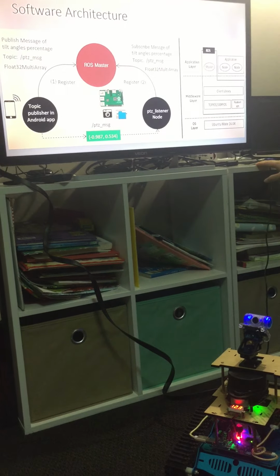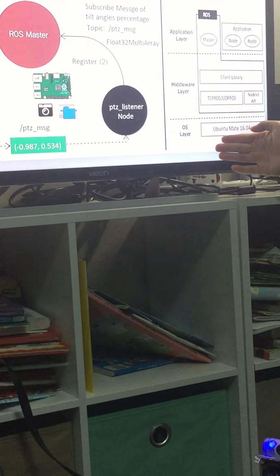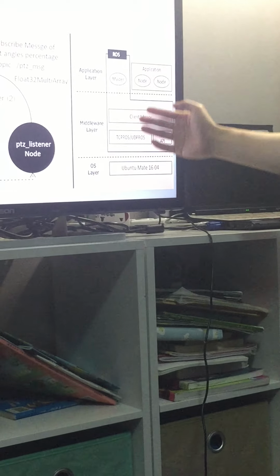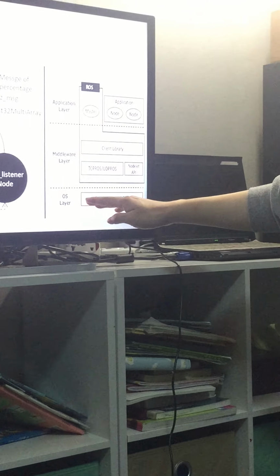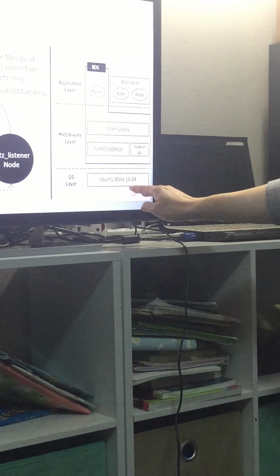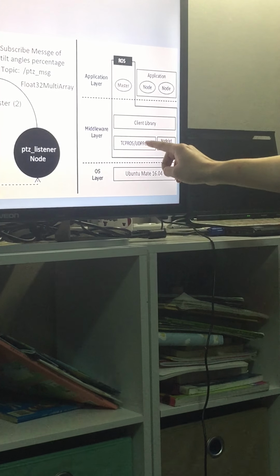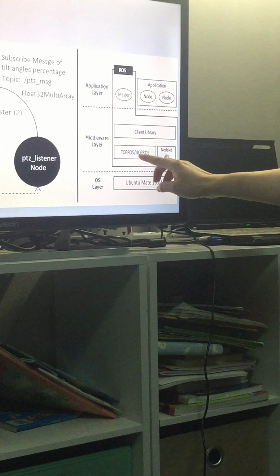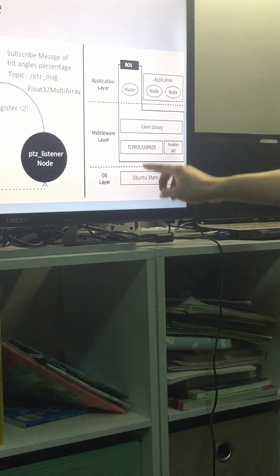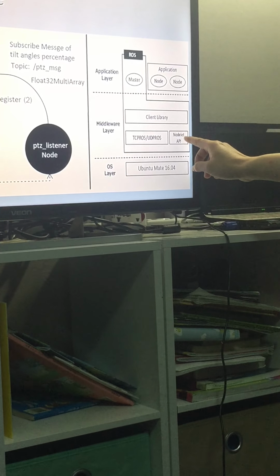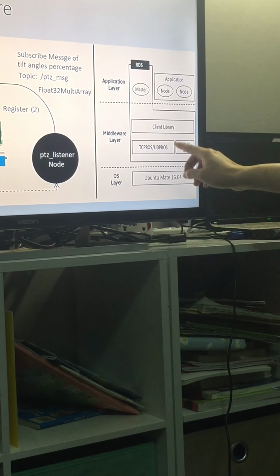In the left hand corner, I will simply explain how the ROS operating system works. It's based on the Linux operating system. This is the main part that defines how the ROS messages go, and how the nodelets communicate with each other.